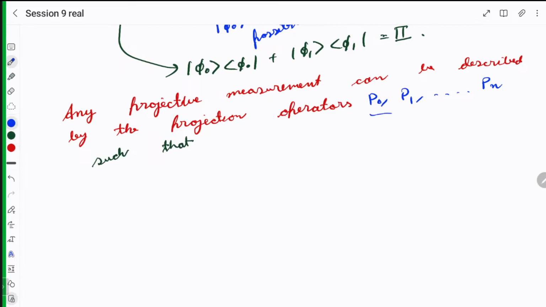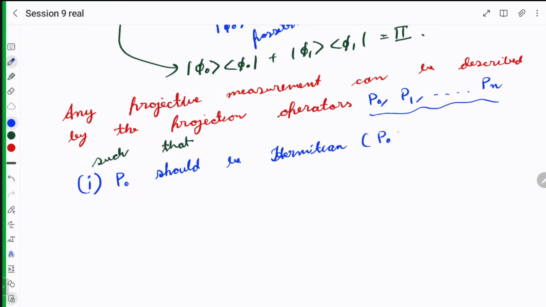the projection operators should follow the following criteria: P naught should be Hermitian. In other words, for a general Pi, Pi dagger should be equal to Pi.